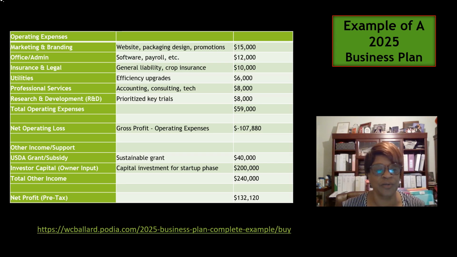And as you can see, we show that you will most likely have an operating loss, which is expected in your startup year, but it's covered by other income, such as a USDA anticipated grant, and of course, investor capital, which the owners input. And your total income, that brings it to $240,000, which then concludes at a net profit of $132,000, which is just under your anticipated $200,000 that you will have in subsequent years. That's expected in your startup year.